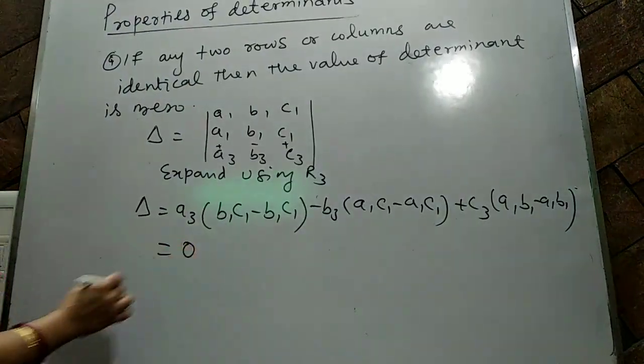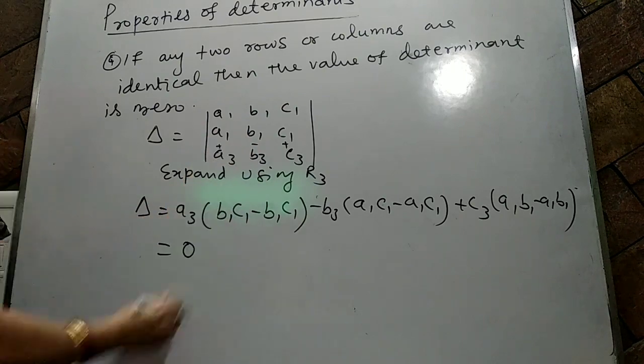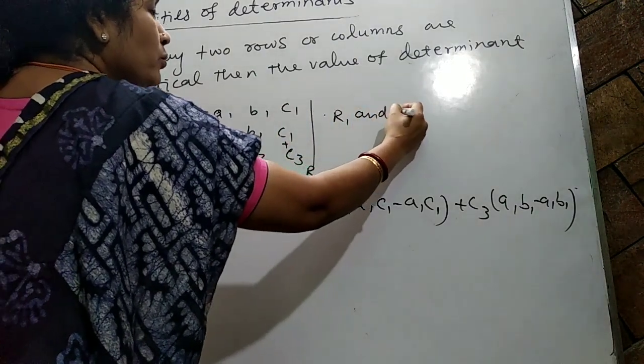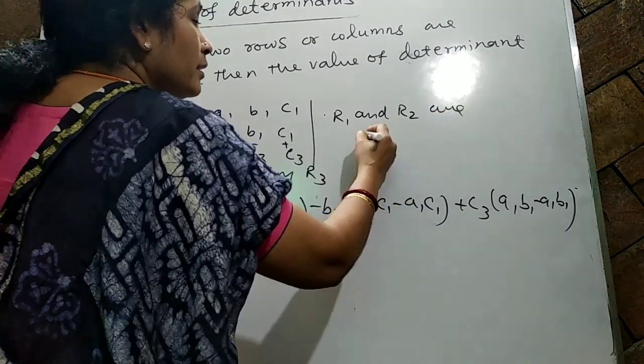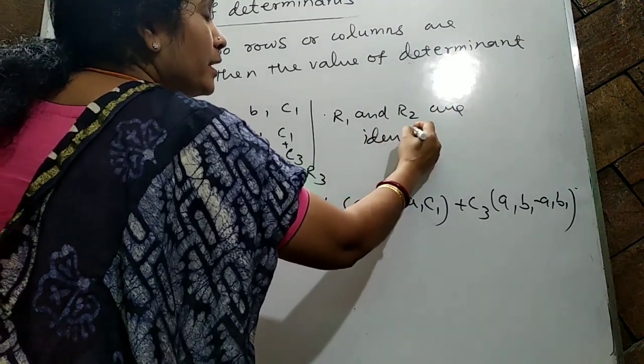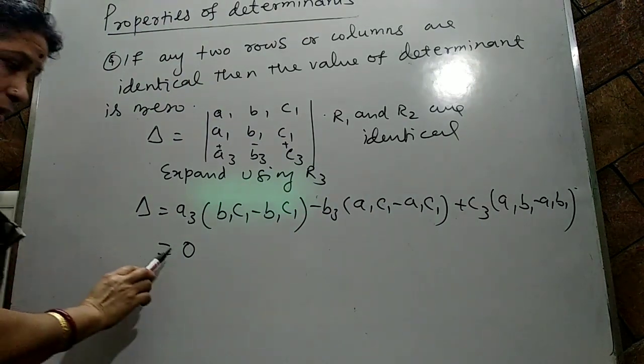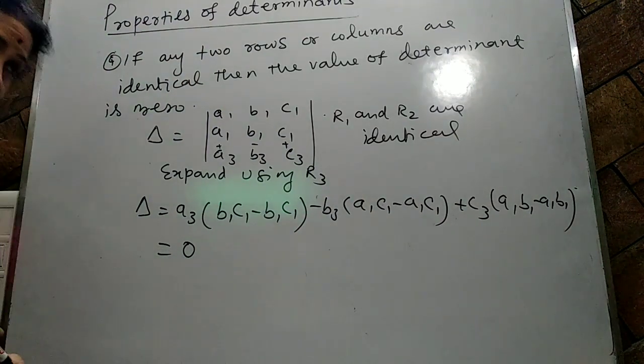So totally we are getting 0. Here R1 and R2 are identical. So that's the property: if any two rows or columns are identical, then the value of determinant is 0. Note down beta, note down fast.